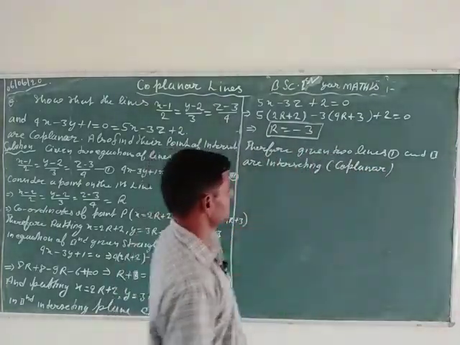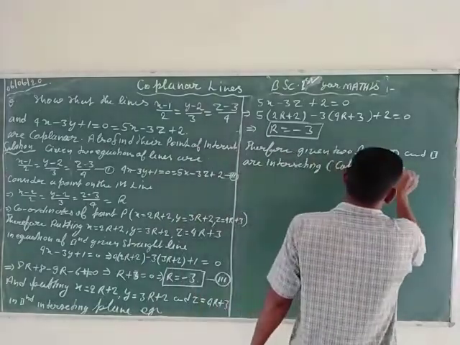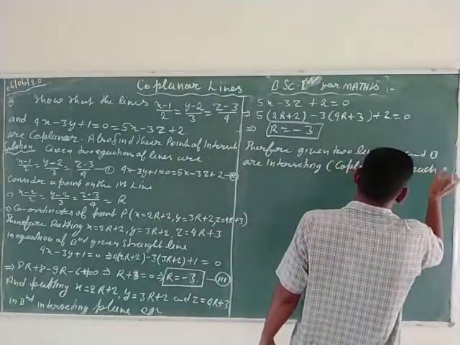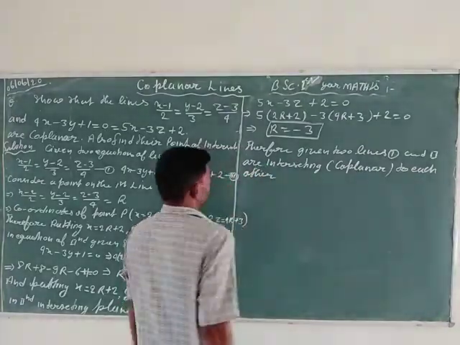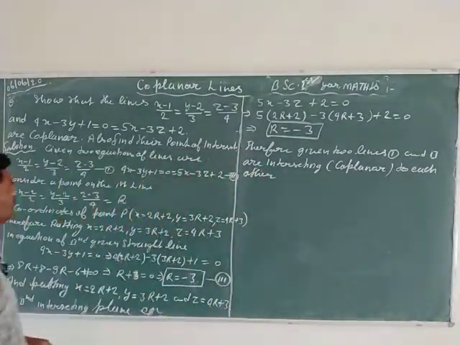Intersecting to each other means coplanar to each other. So the first part of the question is proved.